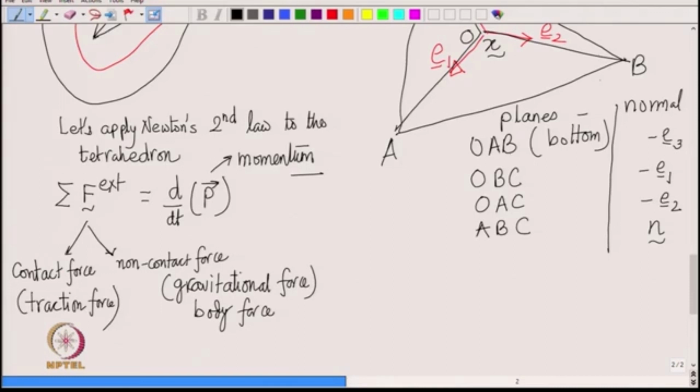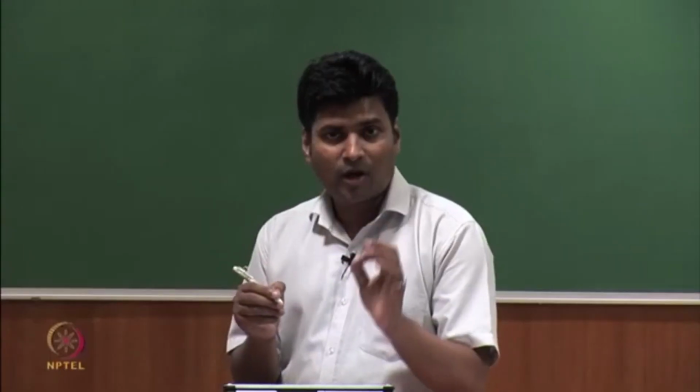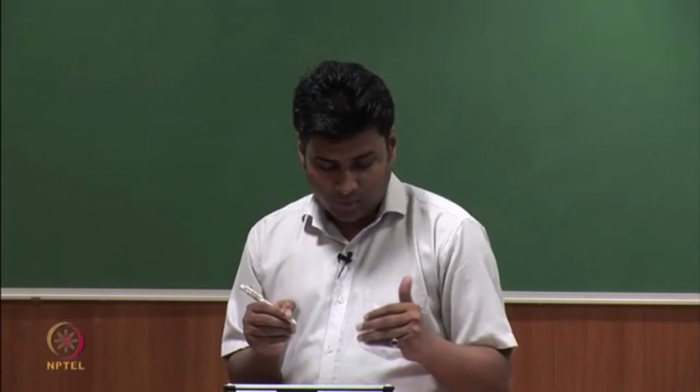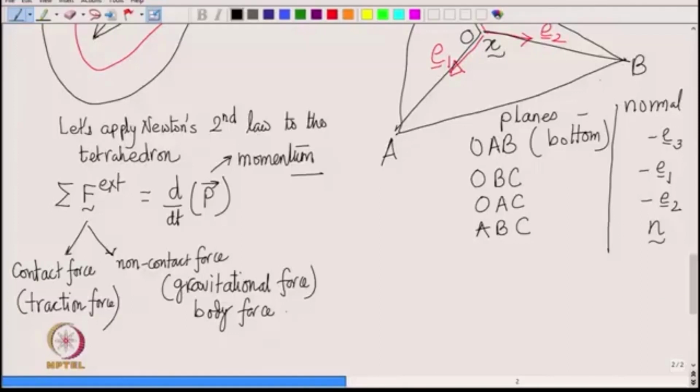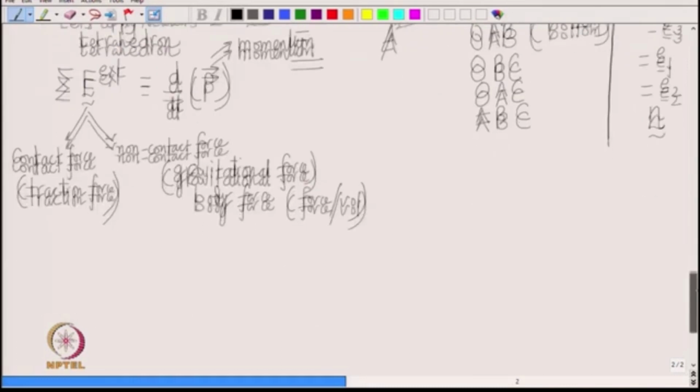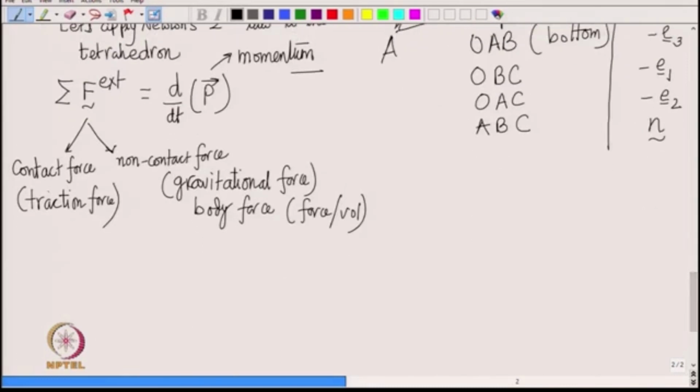See, the gravitational force, for example, is from earth to every point of the tetrahedron, and body force has got the unit of force per unit volume. Okay. So, the body force, because it acts on the volume of the body, its unit is force per unit volume, whereas this contact force, it acts on the surface of the body, right, the four surfaces of the tetrahedron.